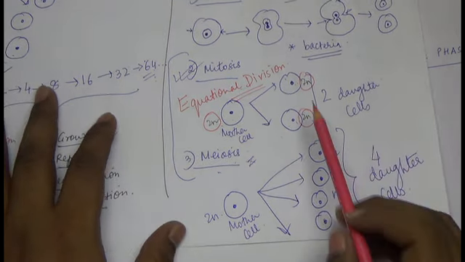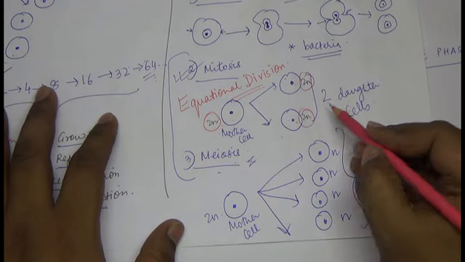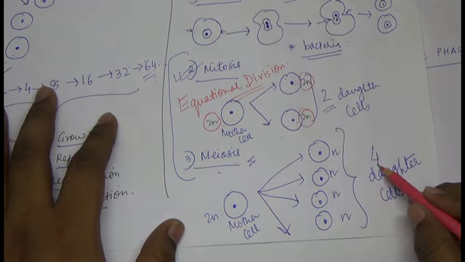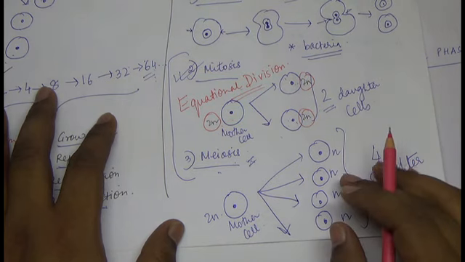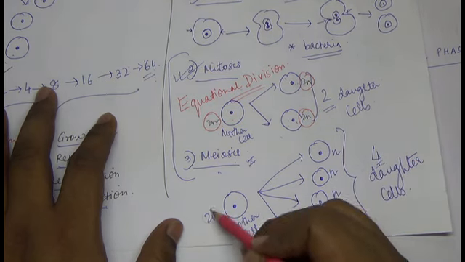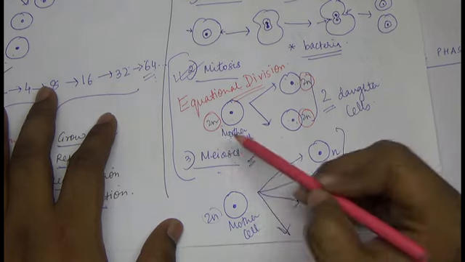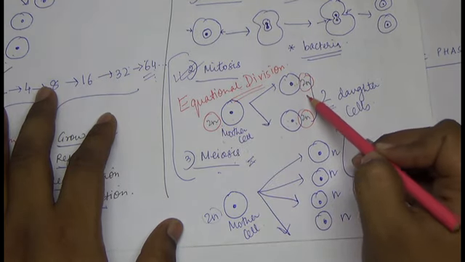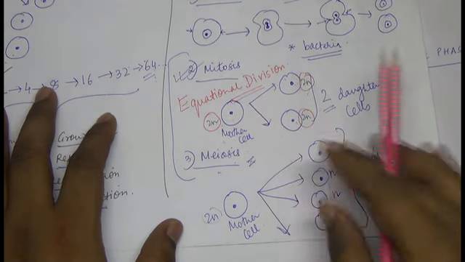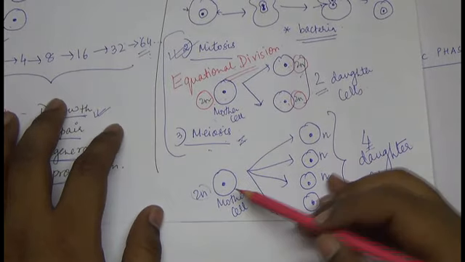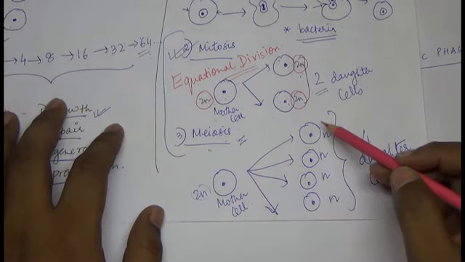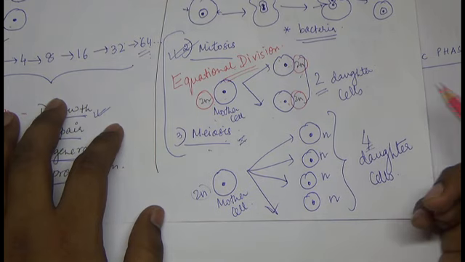The first difference which we can see is the number of daughter cells. Here it was 2 and here it is 4. The second difference is that in mitosis the mother cell was 2n and the daughter cells were also 2n. But in case of meiosis, the mother cell is diploid 2n but all the daughter cells are n. Clear?